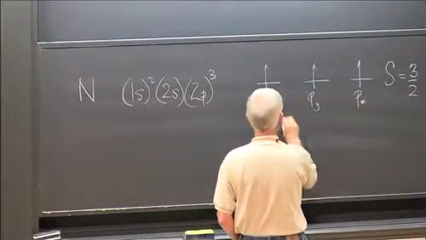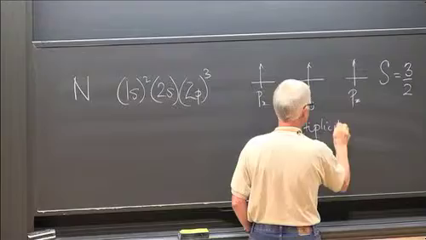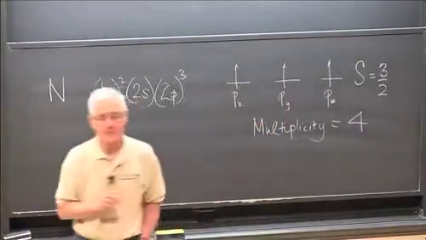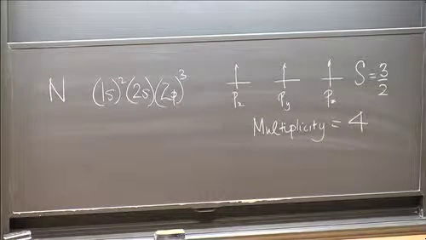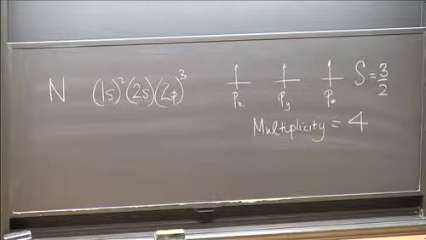And so the multiplicity is going to be equal to 4. So the ground state of the nitrogen atom has a multiplicity of 3 over 2 times 2 plus 1, which is 4.